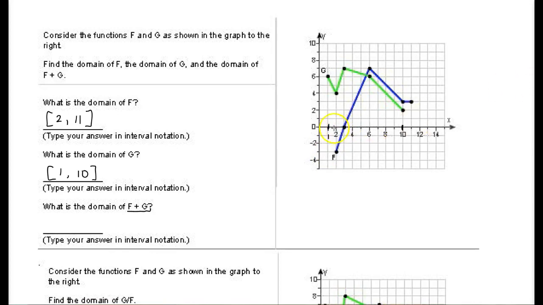So both of these graphs start to overlap each other at x equals 2. They start to overlap here, and they stop overlapping here. So everywhere in between 2 and 10 is where they overlap. So the domain of the new function should be from 2 to 10.